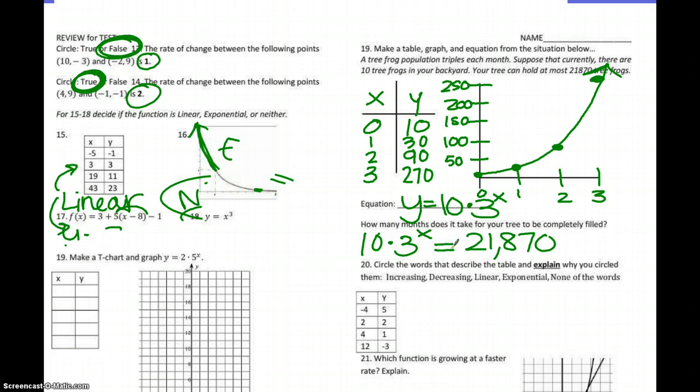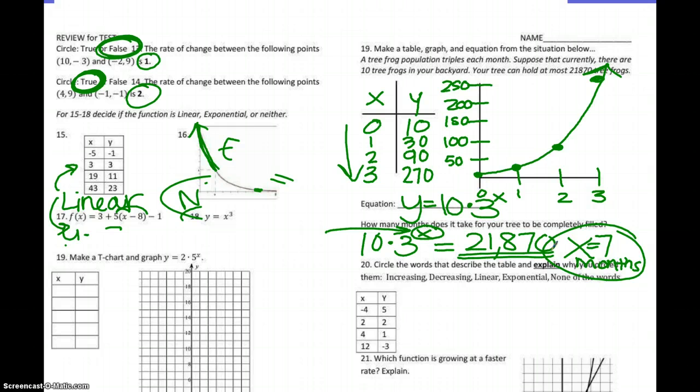We can just keep going with the table, or we can actually just guess and check numbers in for x to see when do we just get more than 21,870 or equal to it. And it happens to be when x is 7. And in this case, 7 would represent the months. So it takes 7 months to give you that many frogs in your tree.